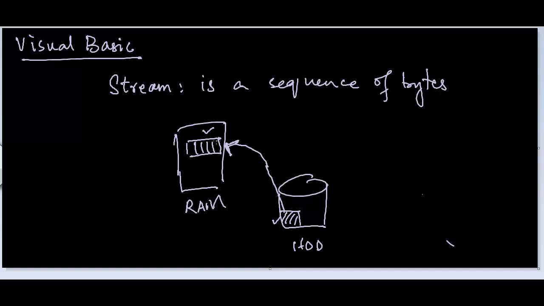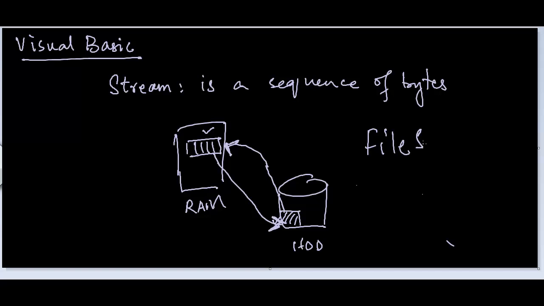And you can also imagine a situation where there is data in the RAM and we want to transfer that data to the file that's in the hard disk. So in this case, that sequence of bytes is going to be streamed to the file, right? So effectively what we are going to be studying is file streaming, right?